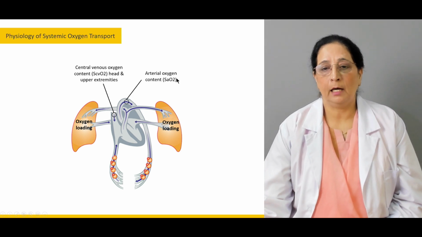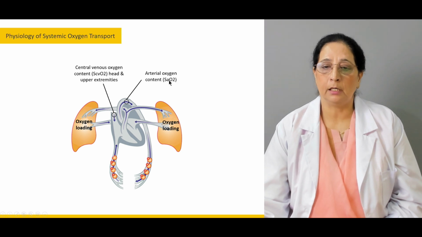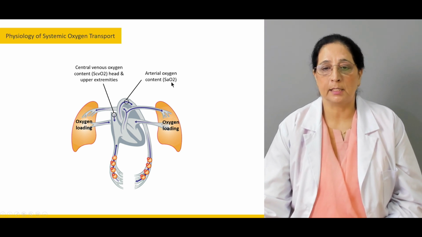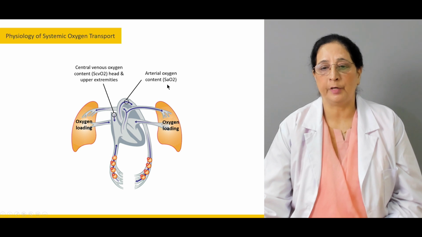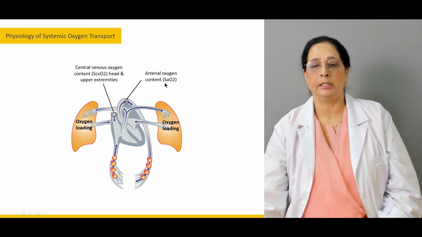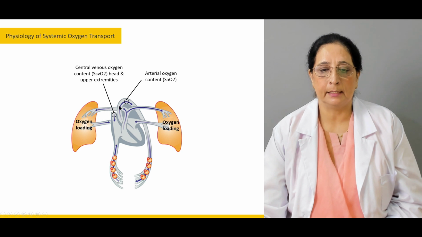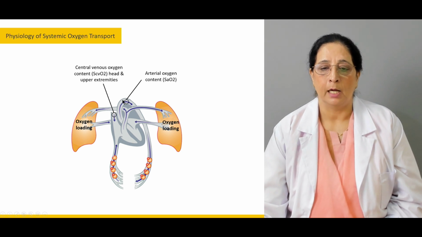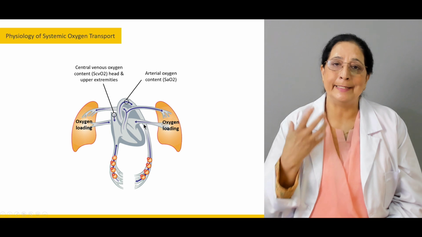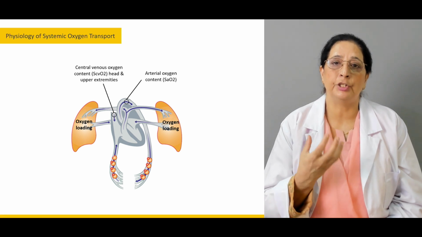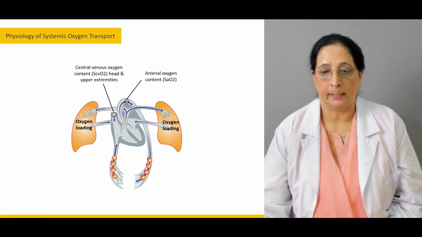Then we have the arterial oxygen content, the saturated arterial oxygen content, in the aorta. This is the aorta. So the arterial oxygen saturation is measured by the aorta.